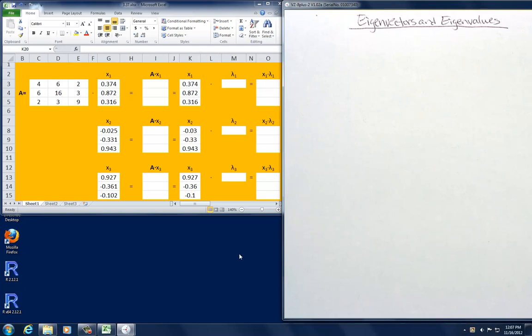This next video is going to talk about eigenvectors and eigenvalues. For a certain class of square matrices A, there exist certain vectors x such that when the matrix is multiplied by them, the resultant vector is equal to the vector x times a constant, and we'll label that constant as lambda.